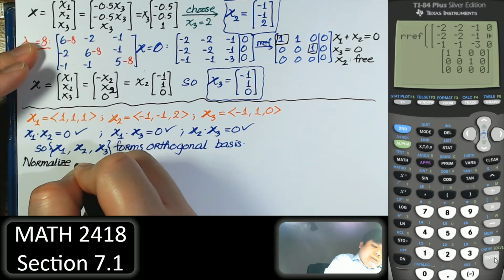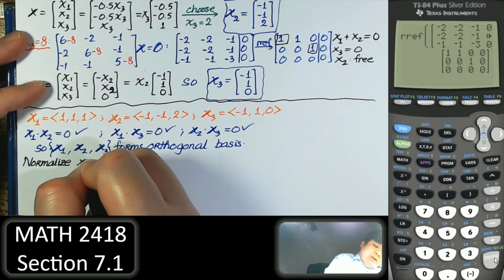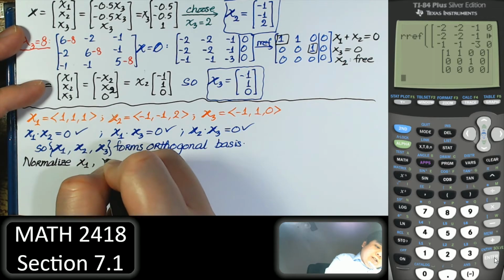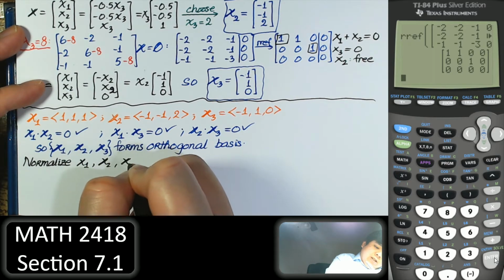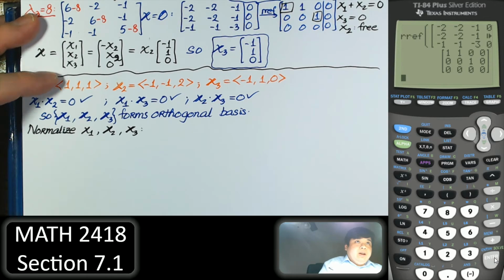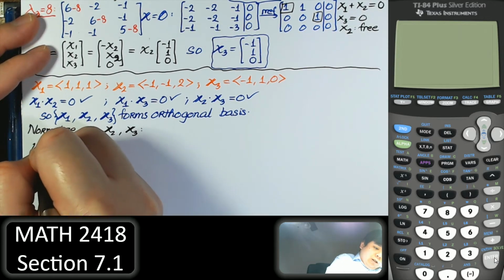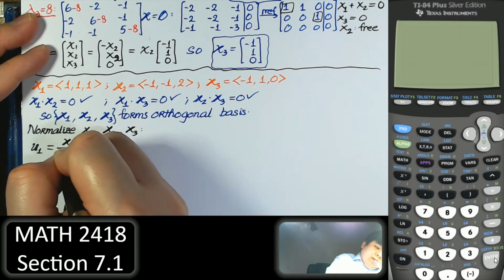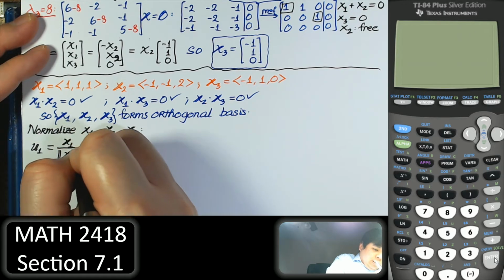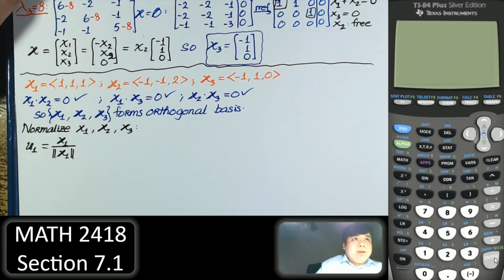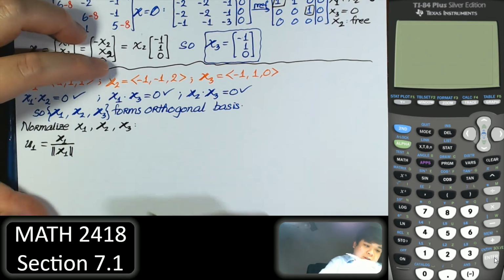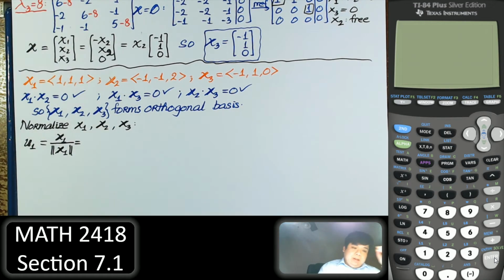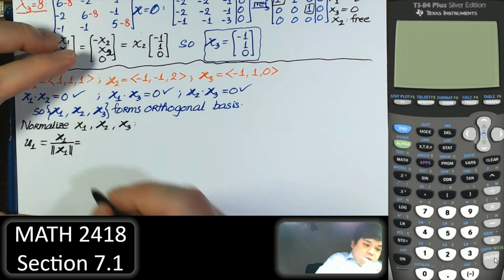Normalize x1, x2, x3. Right, so u1 equals x1 over the norm of x1. x1 is (1, 1, 1).